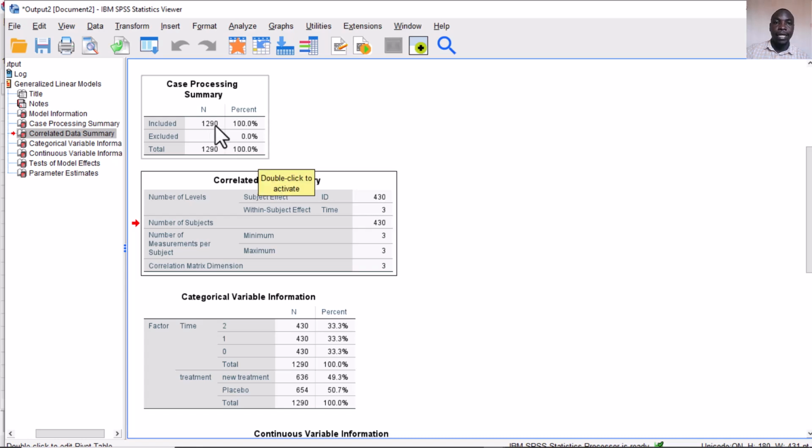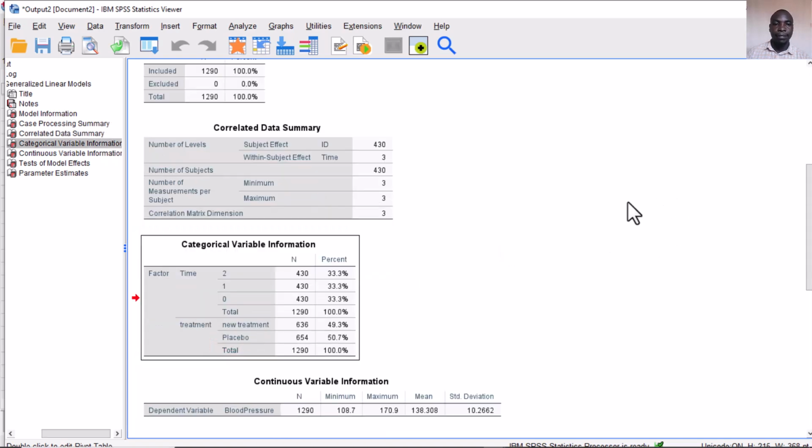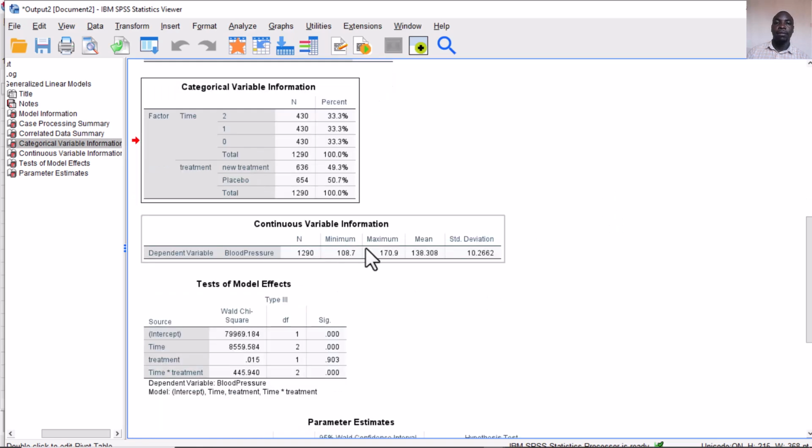In the first case, each repeated measurement is being considered as a participant. So if you get 430 times 3, that's what we get, 1290. Categorical variable information is here, the categorizations, and then descriptives for the continuous variable.